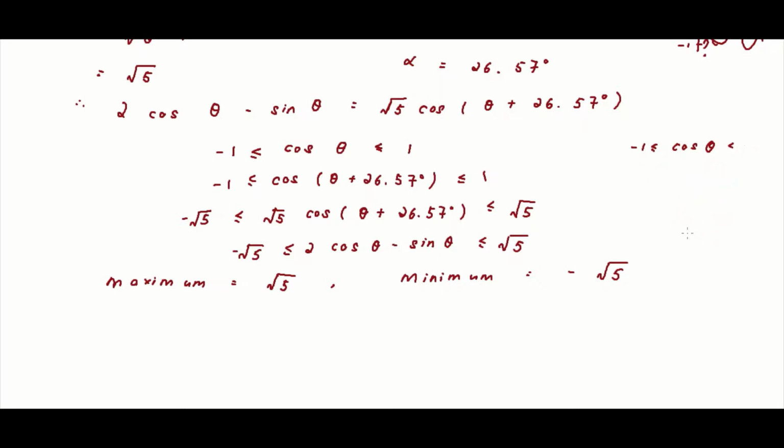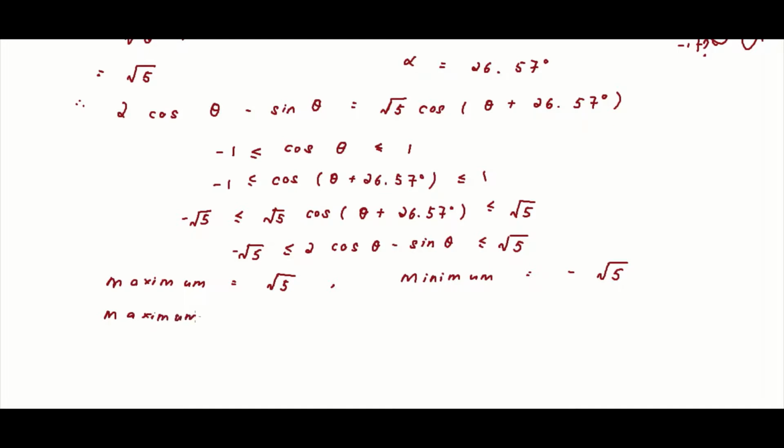As we know, the maximum happens when we get square root 5, meaning that our cos theta in the middle here should be equal to 1, because when we multiply with 1, this is how we get square root 5. When we multiply with -1, this is how we get negative square root 5. Okay, so you will need to continue.